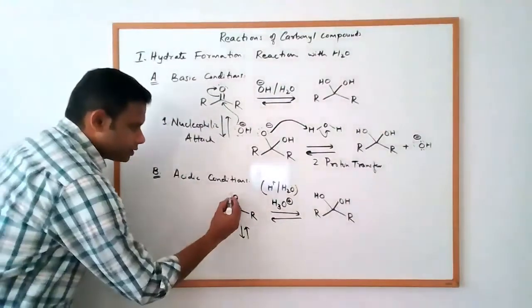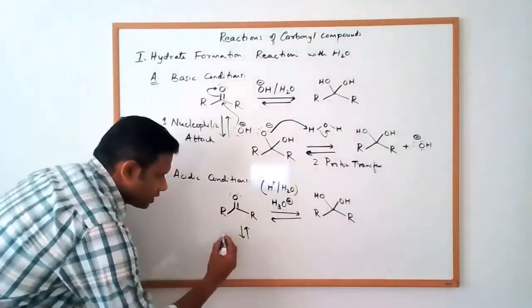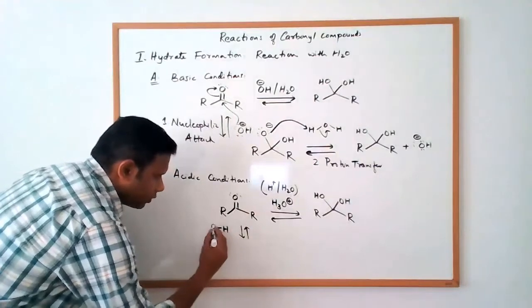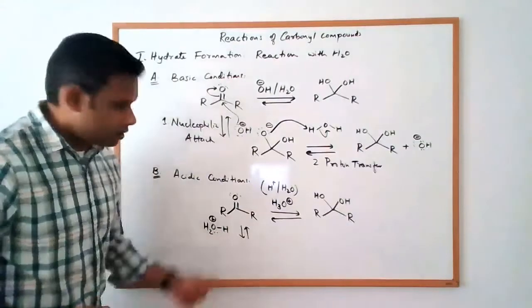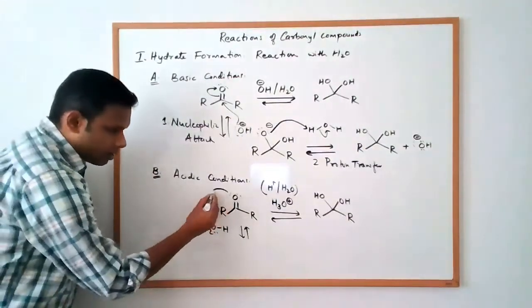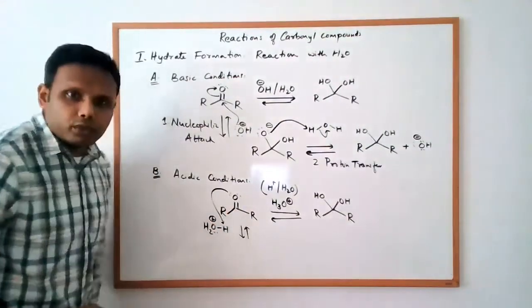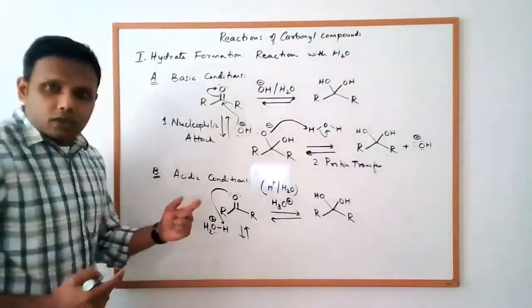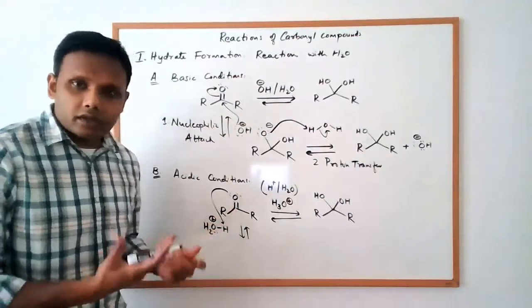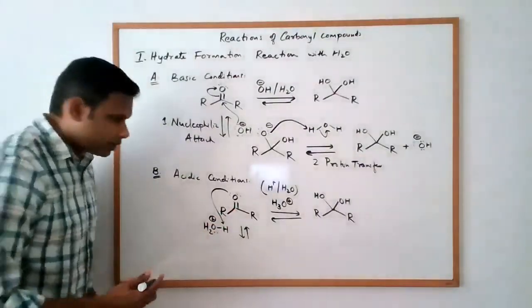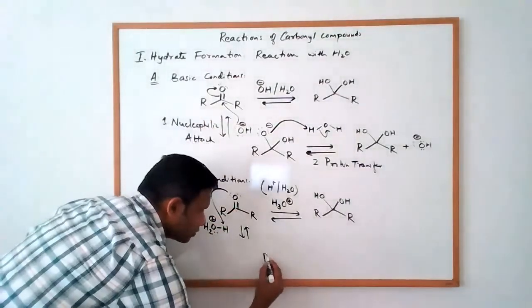under acidic conditions, the first step is always going to be a protonation event, so that carbonyl oxygen is going to get protonated. Okay, because recollect, we need to convert this weak electrophile into a relatively stronger electrophile.